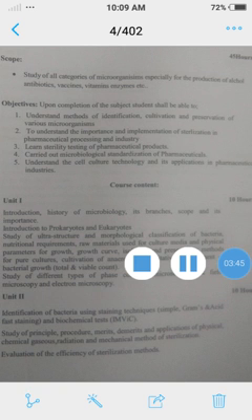Then to understand the importance and implementation of sterilization in pharmaceutical processing as well as the pharmaceutical industry.